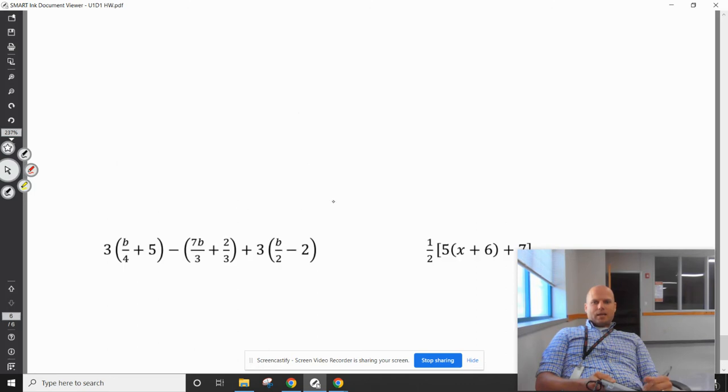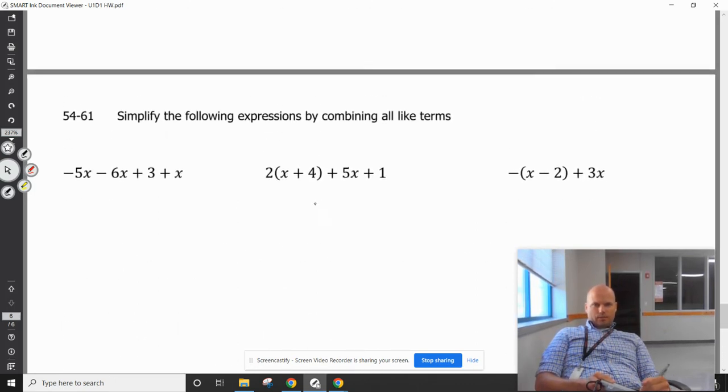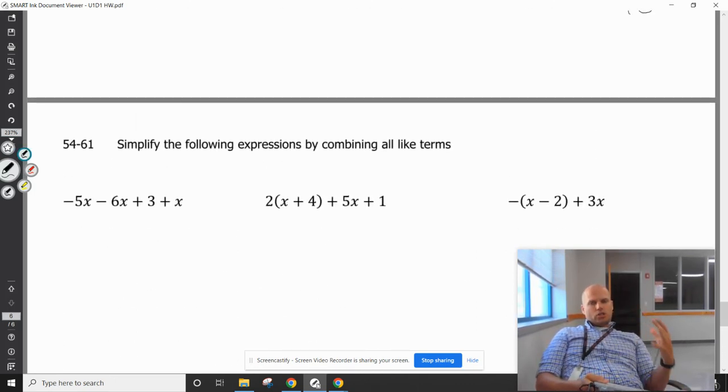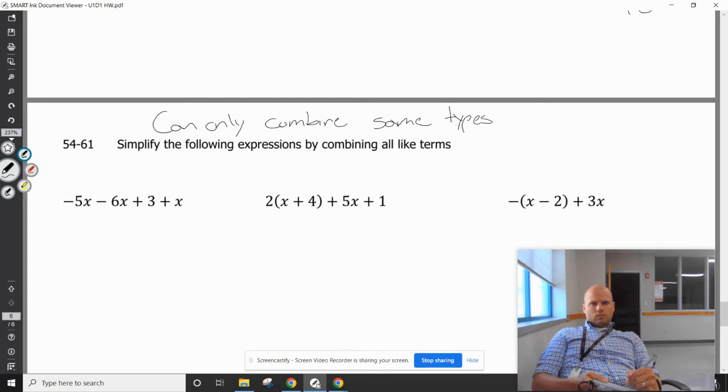When combining like terms, understand you can only combine similar types of fruit. Okay? For example, negative 5x.